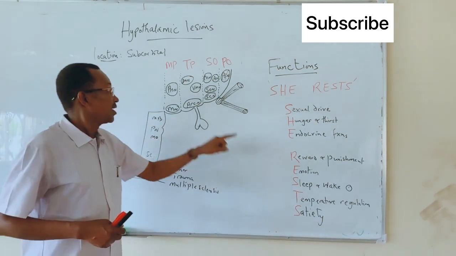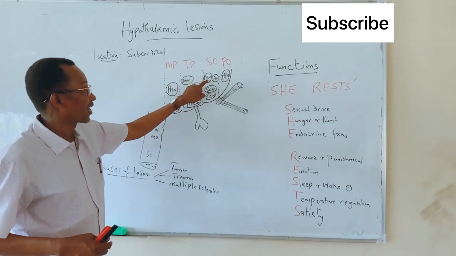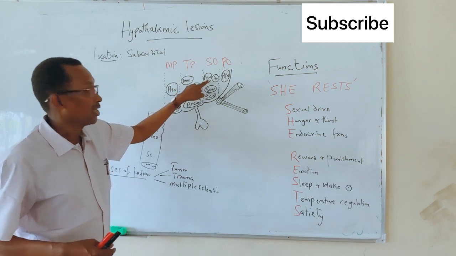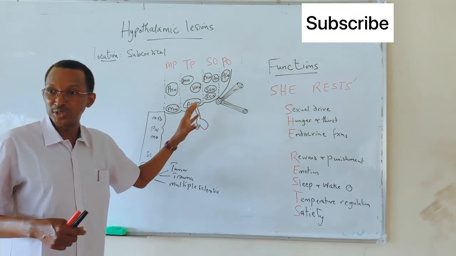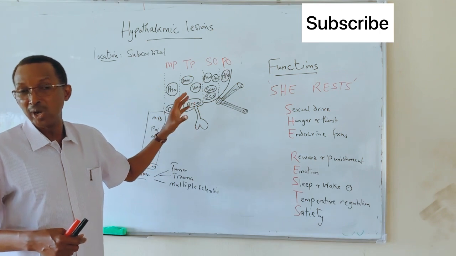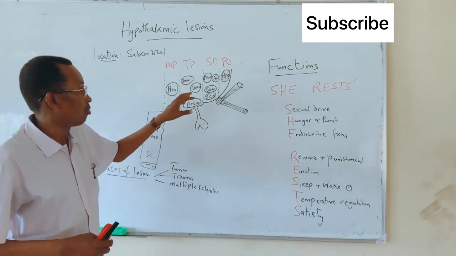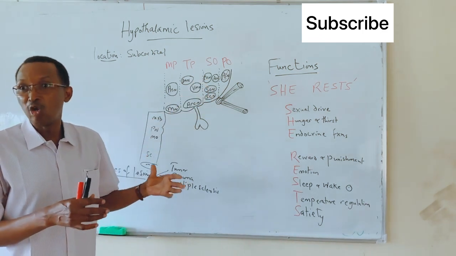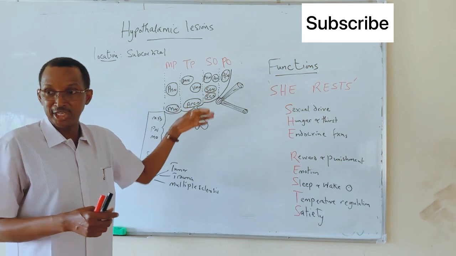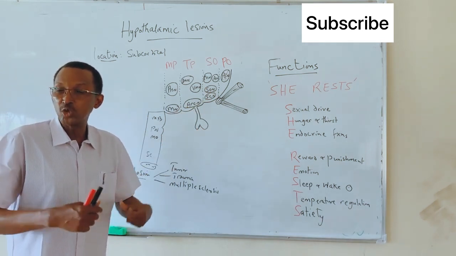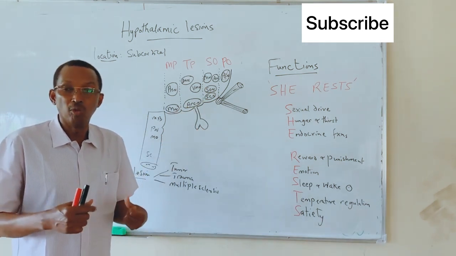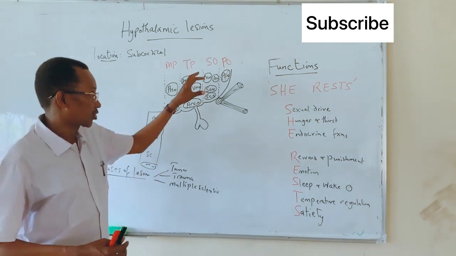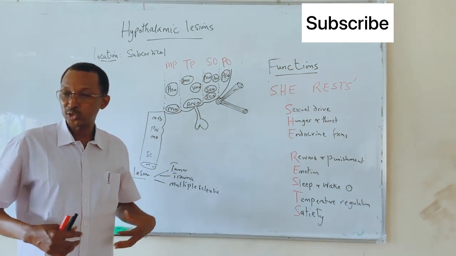Similarly, we have the paraventricular nucleus. This paraventricular nucleus is responsible for the release of oxytocin and corticotropin releasing hormone. These are hormones. If you can remember, oxytocin is responsible for the stimulation of the uterus during labor. When the woman is pregnant and the pregnancy reaches 9 months, it is this oxytocin that makes the uterus contract.